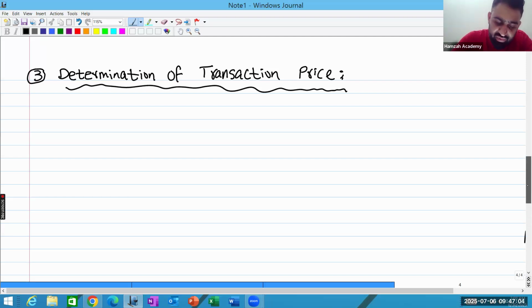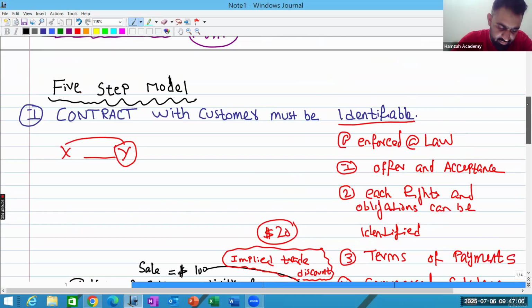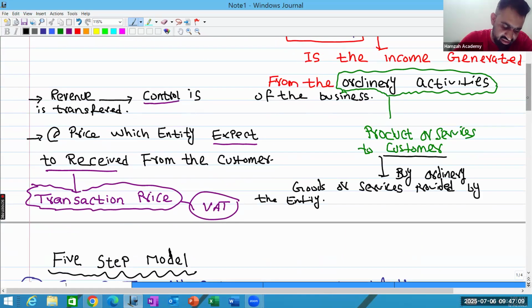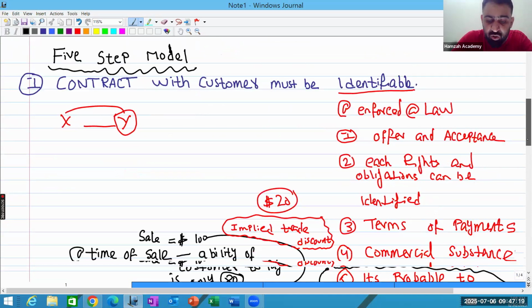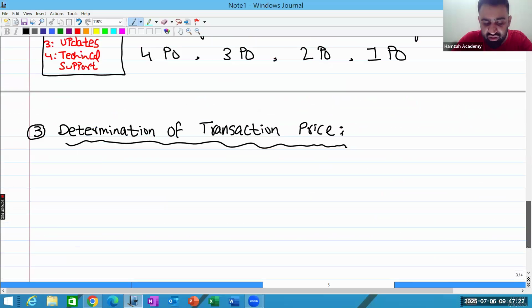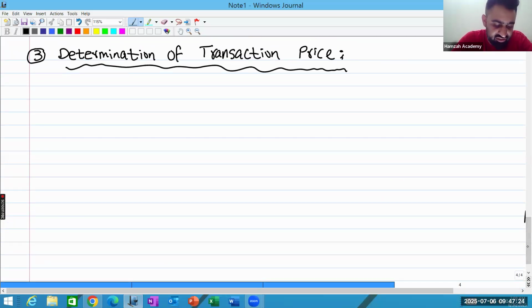Now, what is a transaction price? I have defined here the price which an entity expects to recover from the customer or receive from the customer. But it does not include the amount which we have collected on behalf of the other party. For example, value addition tax.